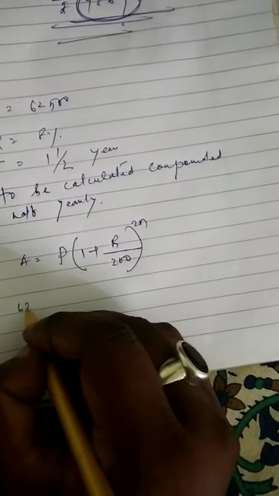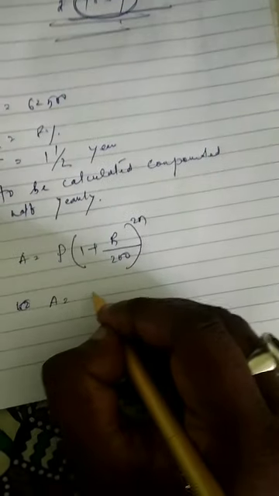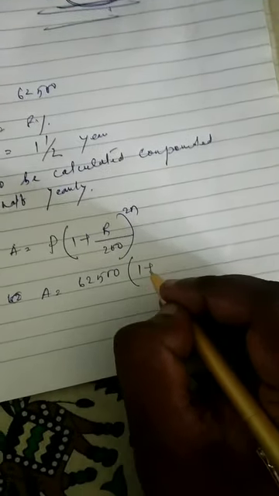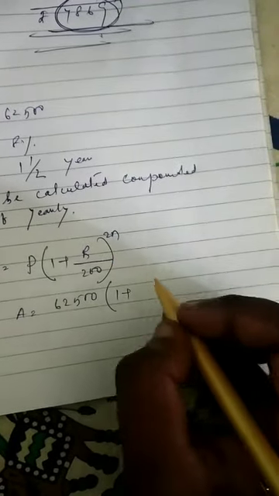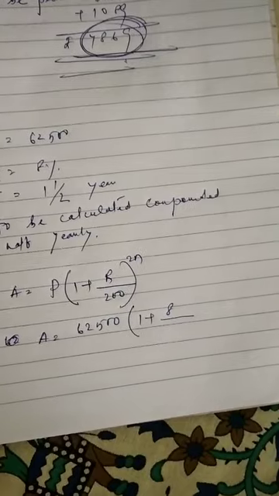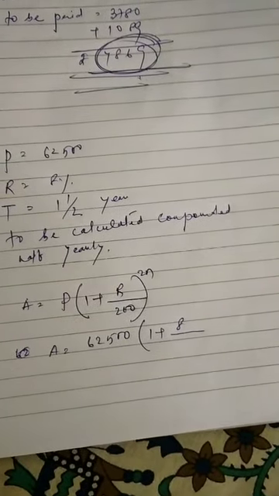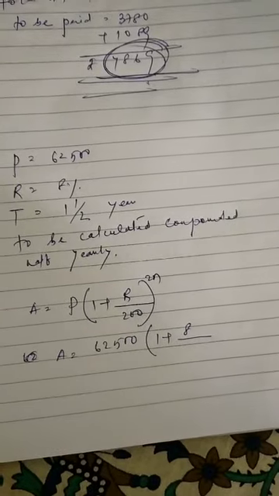Principal is 62,500. In 1 plus R, R means rate of interest, that is 8. As we are calculating compounded half yearly, naturally the rate of interest will become half.